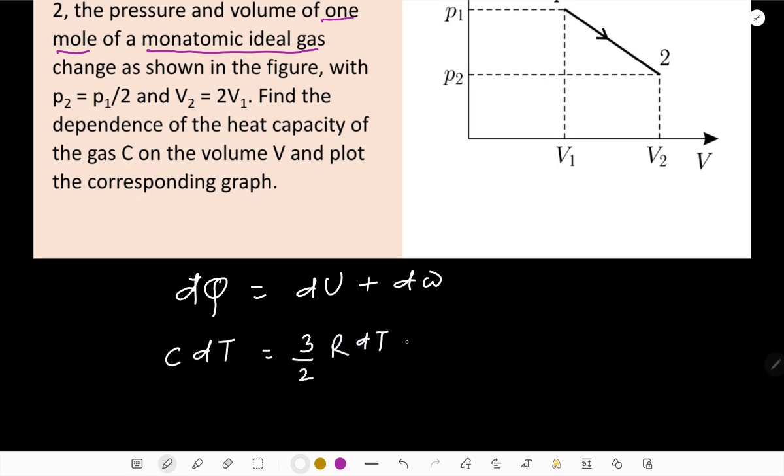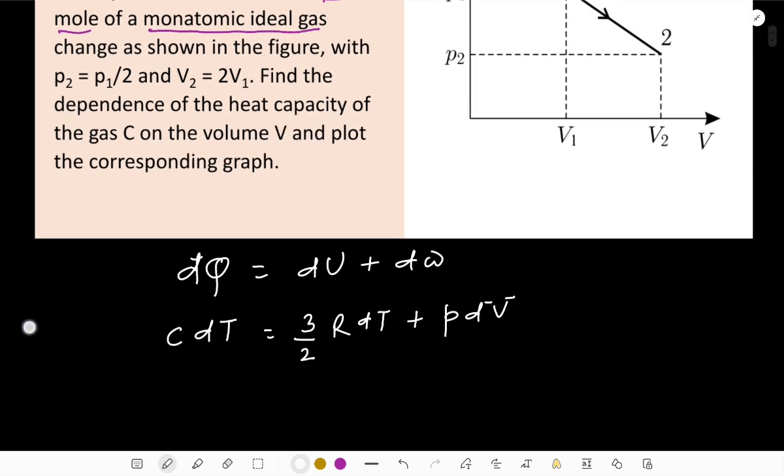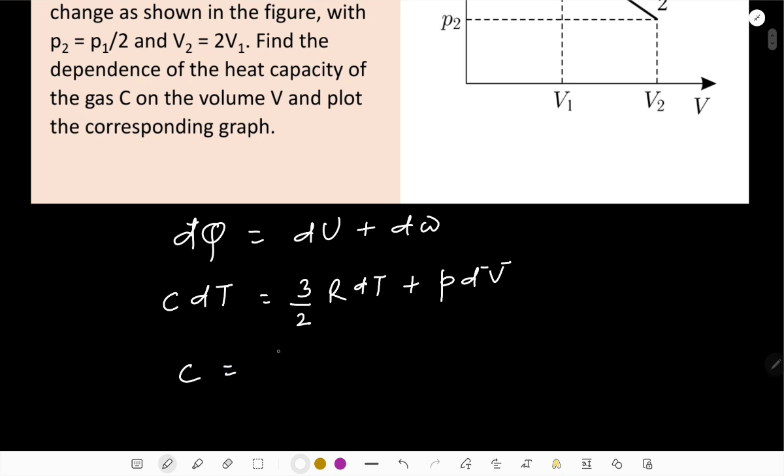And work done, I would simply like to write it as P dV. And so we can arrive at this expression: C can be written as 3 by 2 R plus P dV upon dT. This is our equation 1.